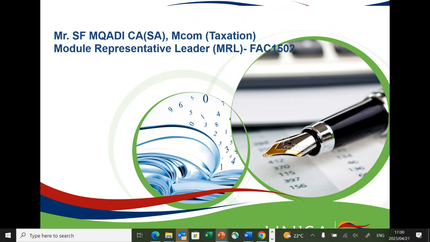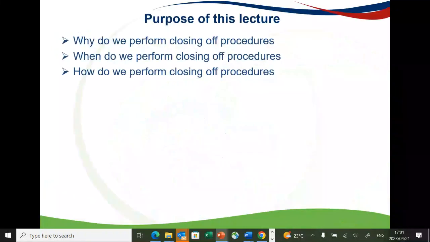So the purpose of today's lecture, we need to understand why we perform closing procedures and when we perform those closing off procedures and how we perform them. So it's very important to have an understanding of this so that you will see when we assess you on closing off procedures how they are actually done.